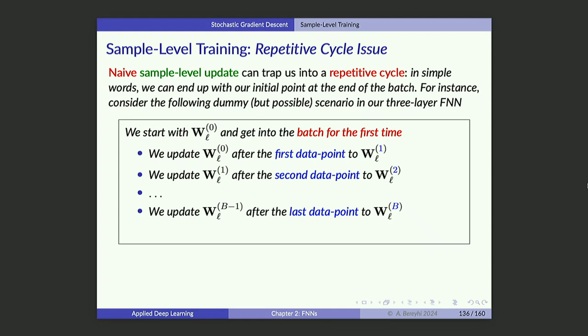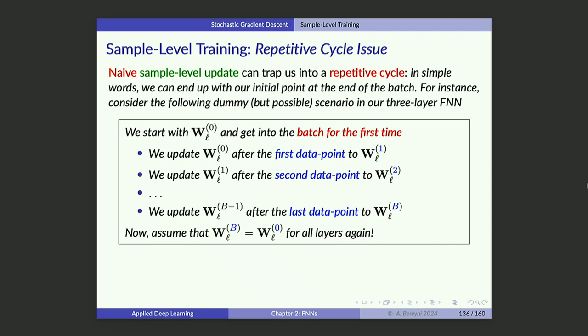Then second data point, second update. Last data point number B, I got my last updated weight. Now if I want to update once more, what should I do? I should go back to my first data point, compute the gradient for that one, and then update my weight. But what's going to happen if this last weight is exactly the initial one?